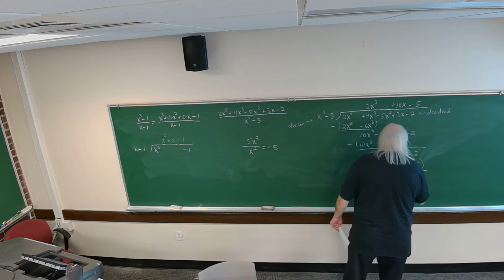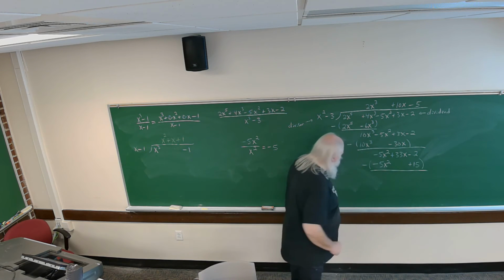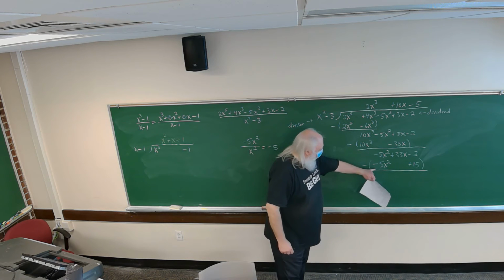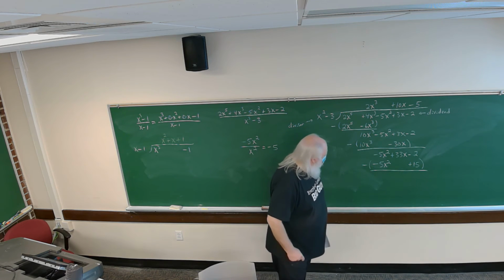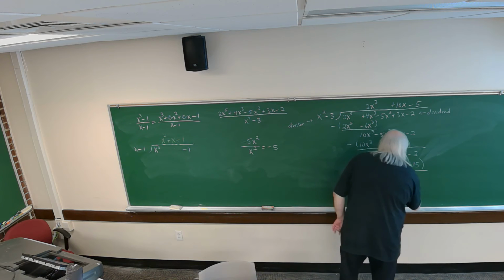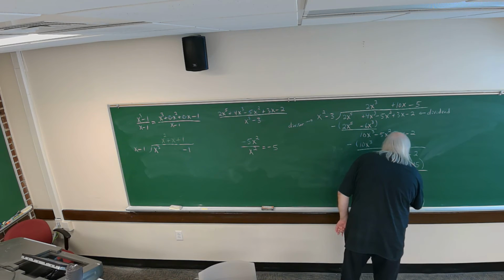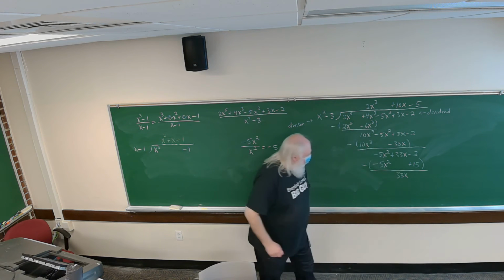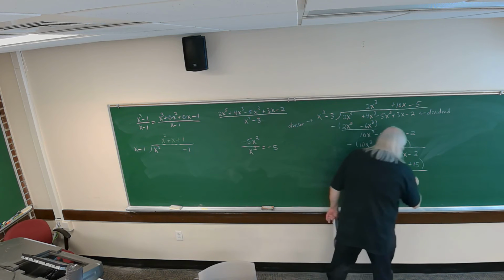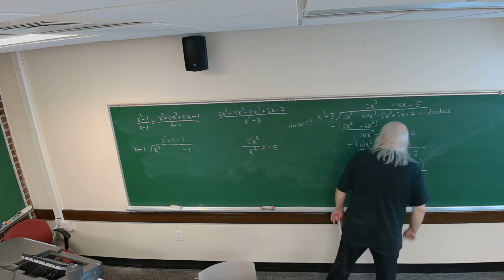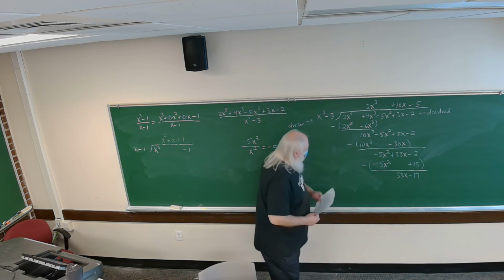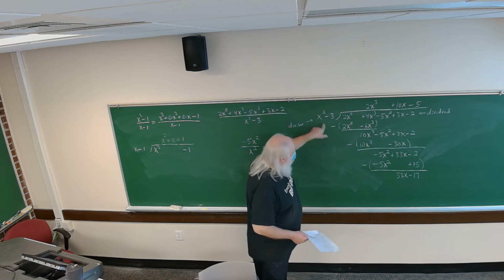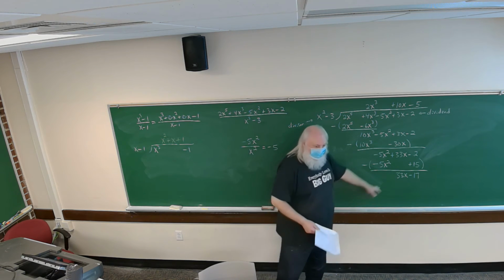So you subtract that from up above. Minus 5x squared plus 5x squared is 0. 33x minus 0 is 33x. And minus 2 minus 15 is minus 17. And x squared goes into 33x 0 times.